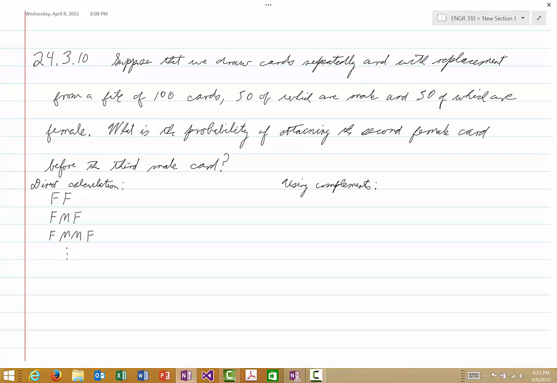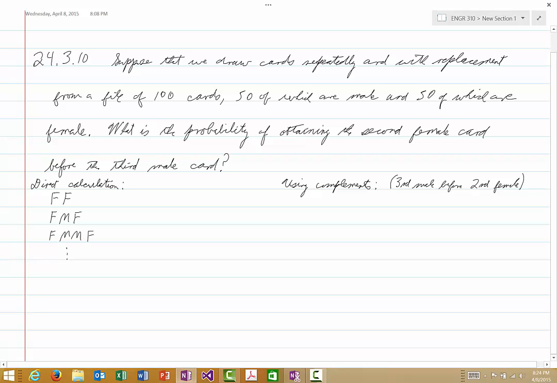And so another way of saying that is that we get the third male before the second female. So let's say third male before second female.